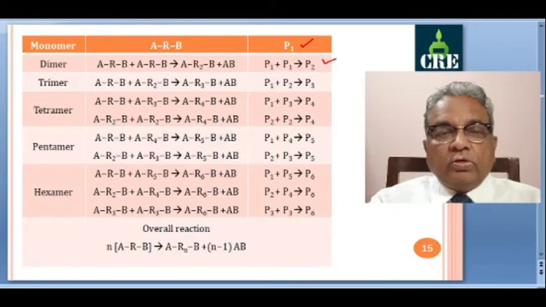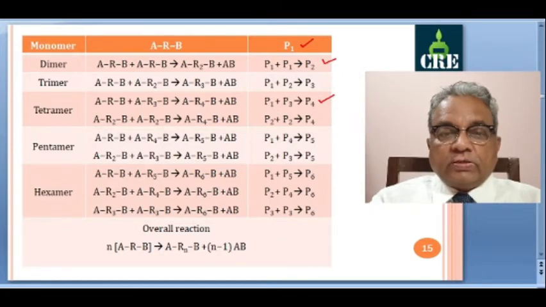So monomer to dimer. Then ARB plus AR2B formed in this step gives us AR3B and water molecule. So P1 plus P2 is P3. Then tetramer: ARB plus AR3B giving AR4B plus water molecule. So P1 plus P3 is P4.